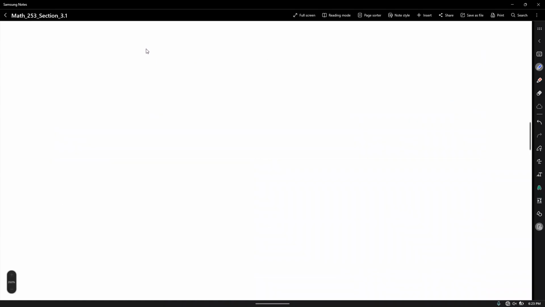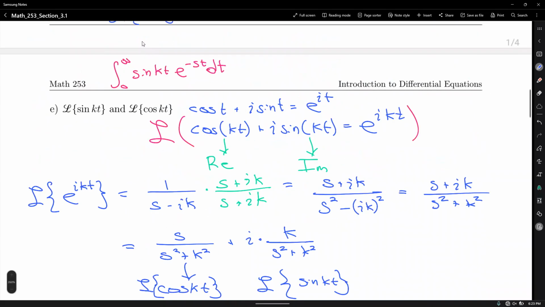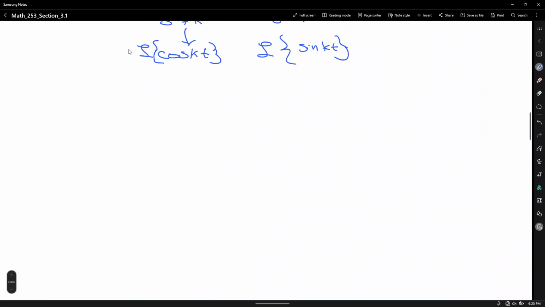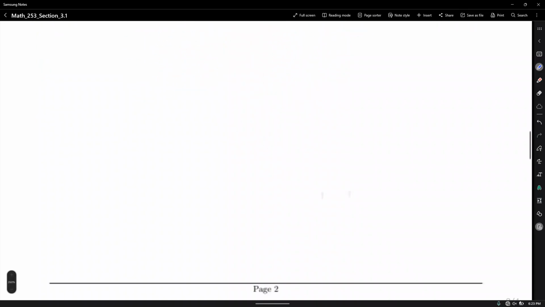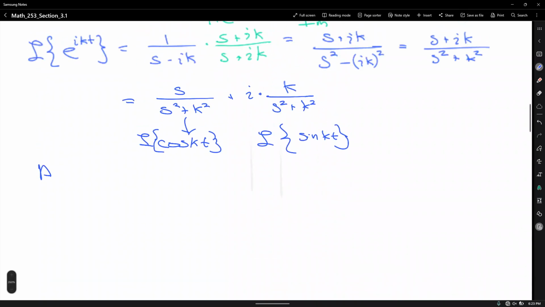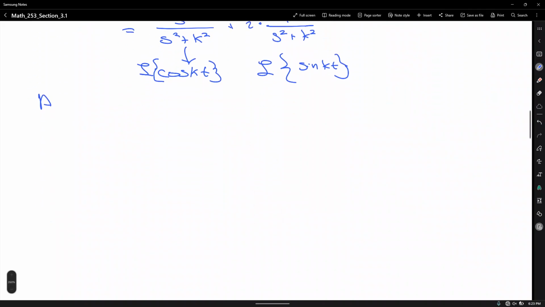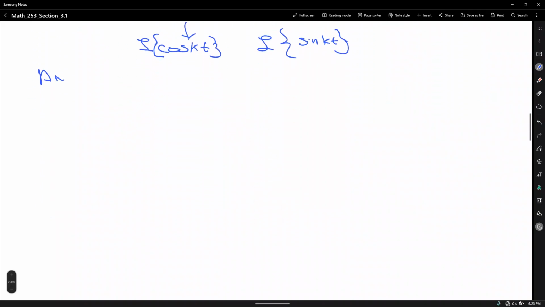Let me go back to the Laplace transform of sine, because I feel like I will have time for the Laplace transform of sine in a different way rather than the existence of the Laplace transform. So, another way. Go back to page 2 at the end of the derivation.